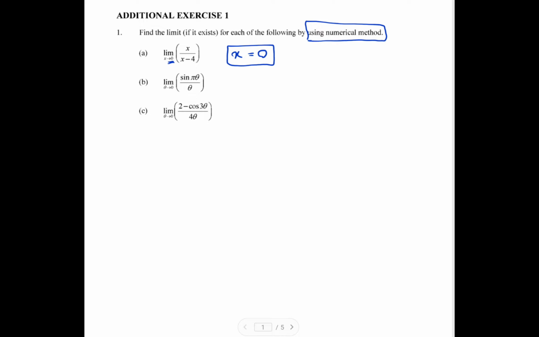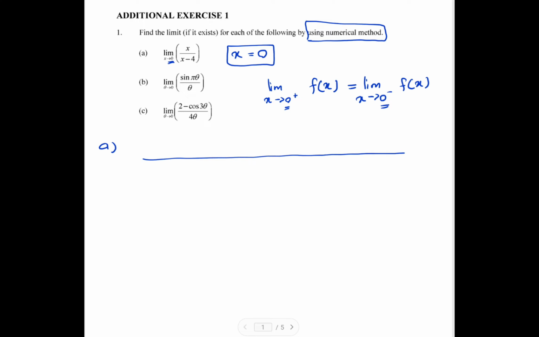Make sure the values from the left are equal to those from the right, because by the definition of limits, the limit only exists when the limit as x approaches 0 from the left for the function f(x) is equal to the limit as x approaches 0 from the right. So solution for question A, we can choose at least 3 numbers from the left.